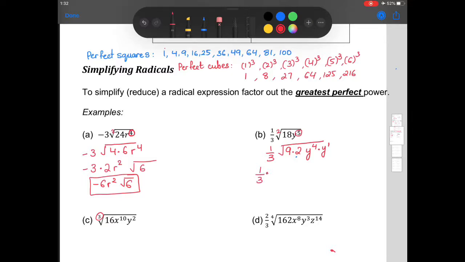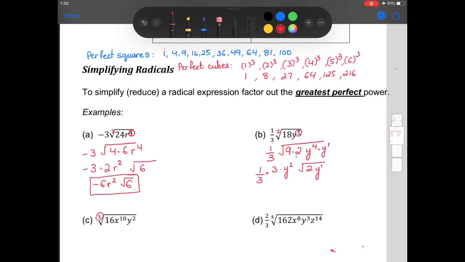So it's going to be 1/3. Remember, it's multiplication. Square root of 9 is 3. 2 is a non-perfect square, so it stays under the radical. Y to the 4th will become y square, and y to the 1st is a non-perfect square, so that stays under the radical. You don't have to write y to the 1st, you can leave it as y, but I'm just doing it so that we understand what we did.